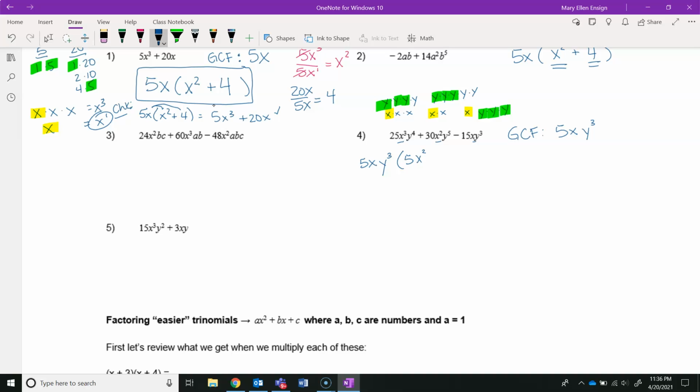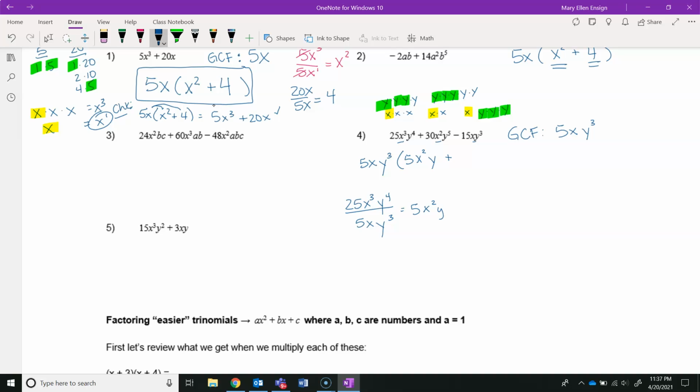Y cubed times what gives me y to the fourth, just a plain y. Or I can think about it this way too. I can say 25x cubed y to the fourth over 5xy cubed. 25 divided by 5 is 5. Quotient rule. Okay, either way, gets you the same answer.